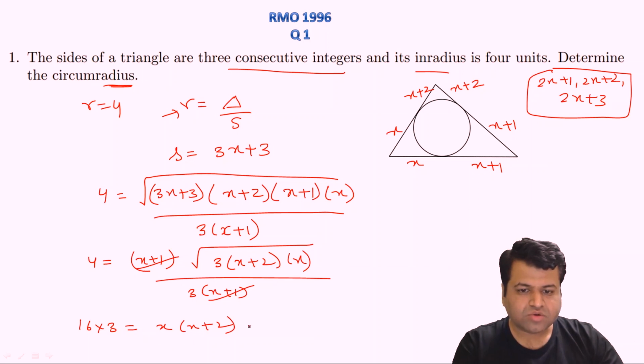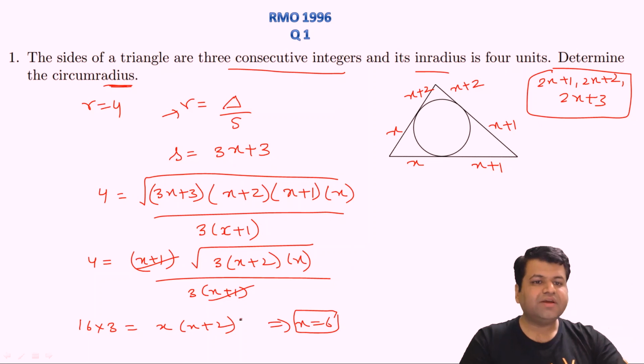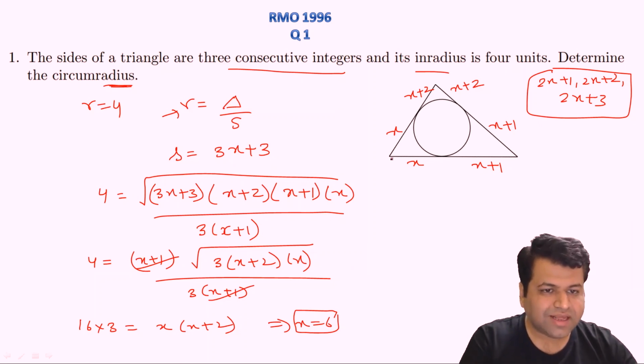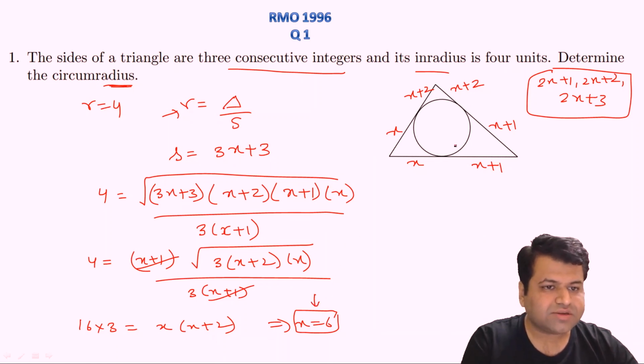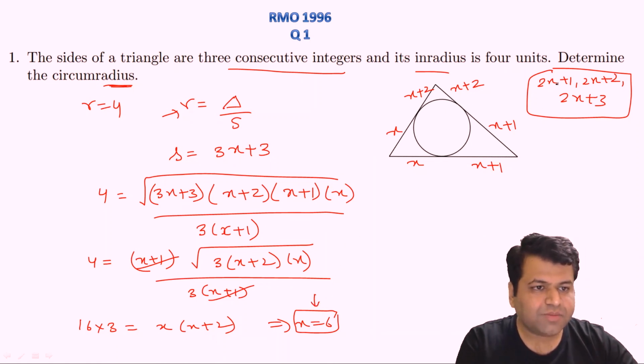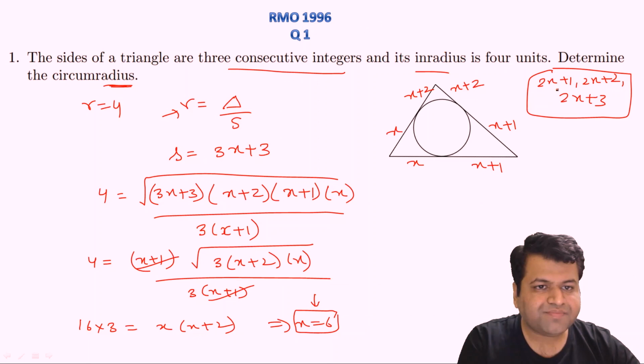As you can see, this is 48, and 6 into 8 is 48. So one solution is x equals 6, and obviously the other solution will be negative. Since x is a length, x should be positive, so we will take only x equals 6, right? So the sides will be 13, 14 and 15.